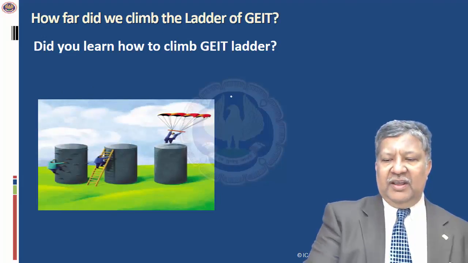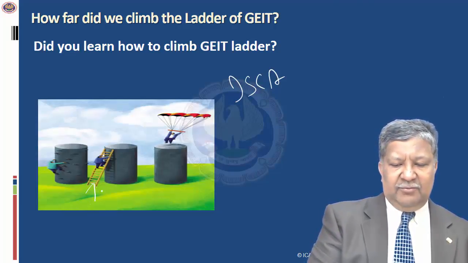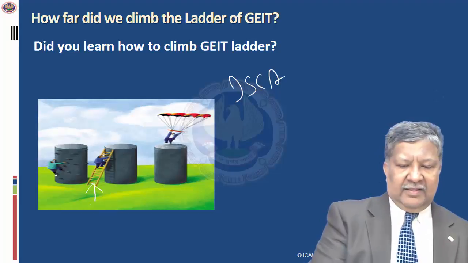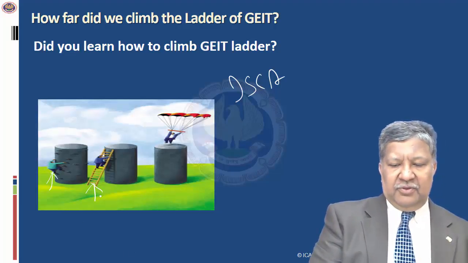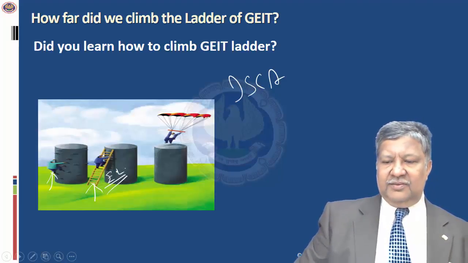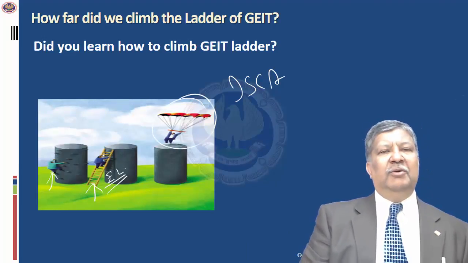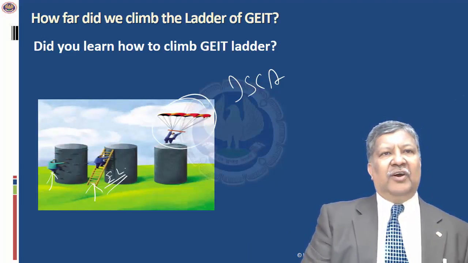This subject of what ISCA is all about. Climbing the ladder of ISCA seems to have become very difficult. Earlier the climb was like this. I hope with these e-learning lectures, this becomes much easier. And using this, I assume that you have the knowledge and the skill set to be able to fly and go further.